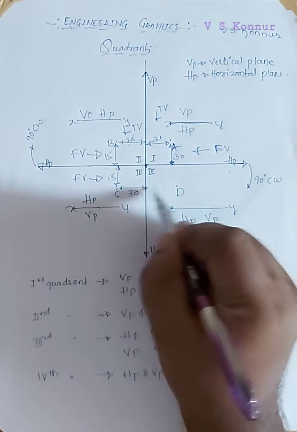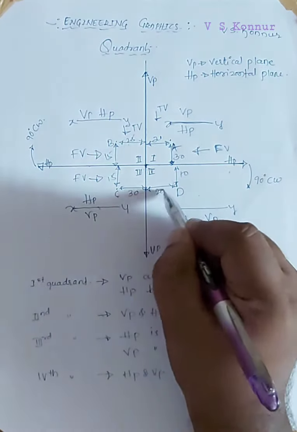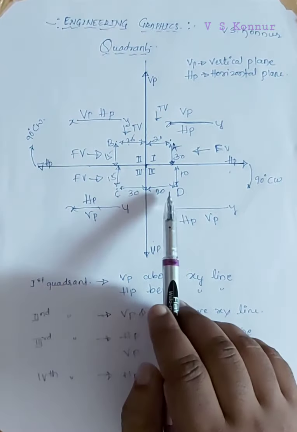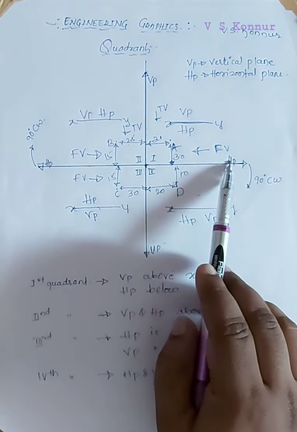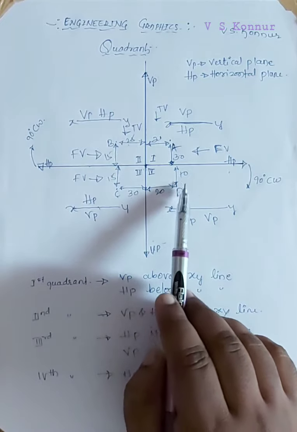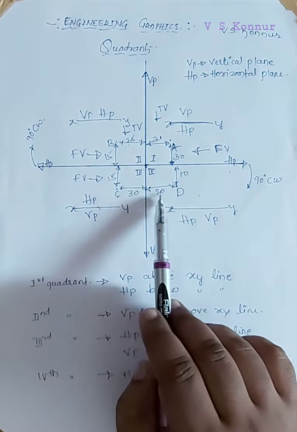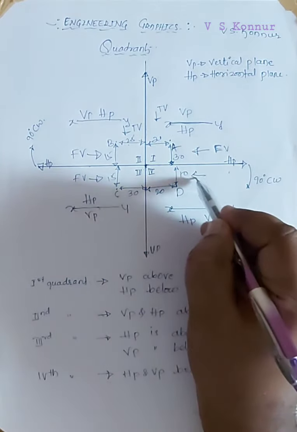Now point D. Point D can be defined as 10 mm below the horizontal plane and 20 mm in front of the vertical plane, and this will become the front view.